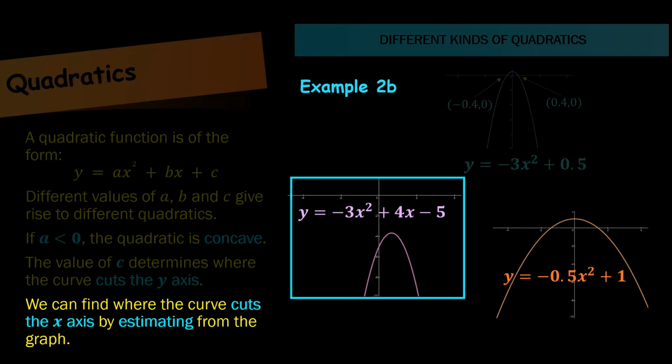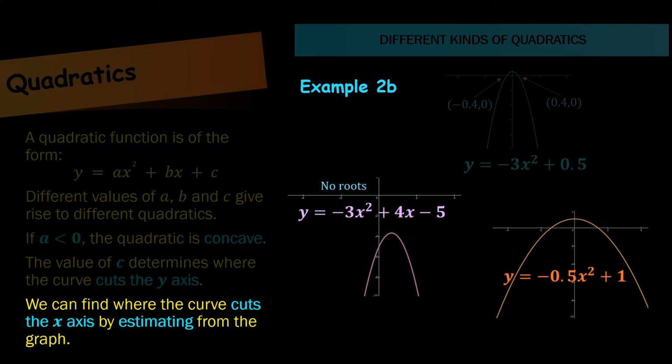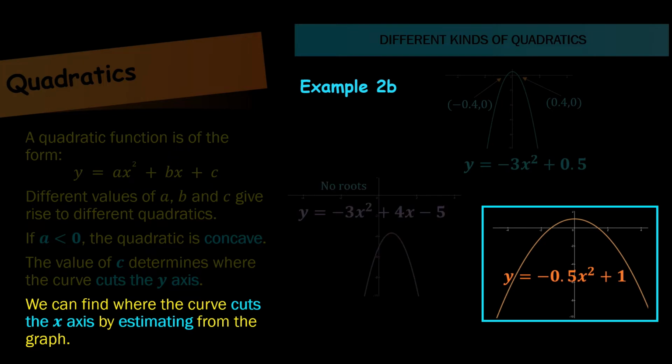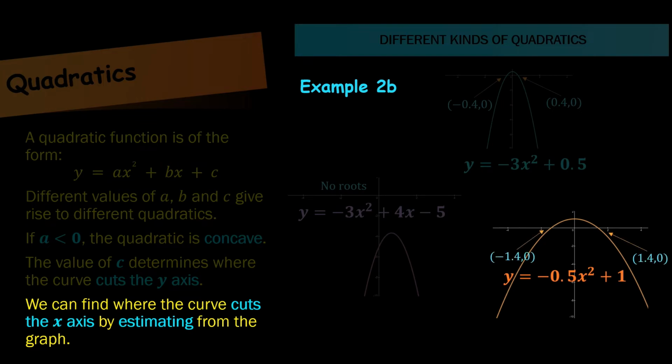In this highlighted graph, the curve doesn't cut the x-axis at all, and therefore it has no roots. In this highlighted graph, when y equals 0, x is approximately equal to either -1.4 or +1.4.